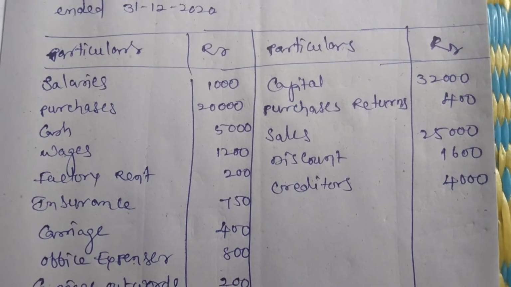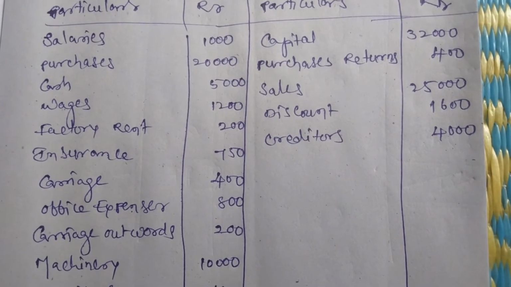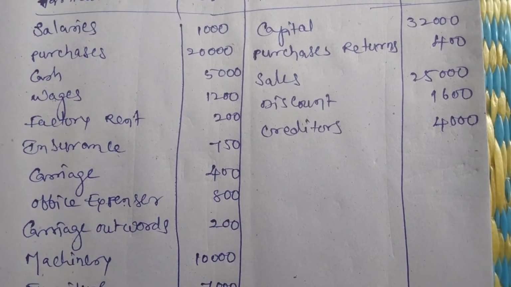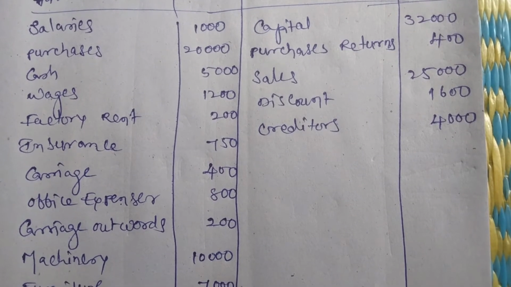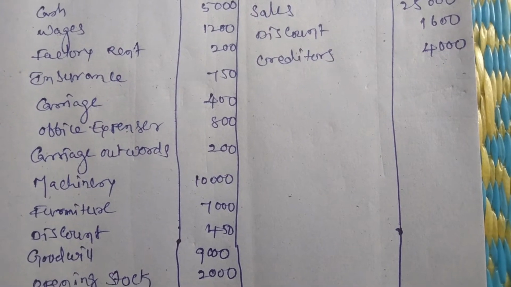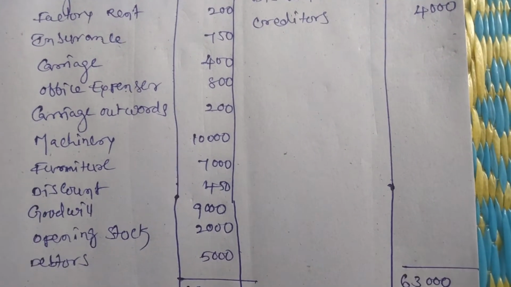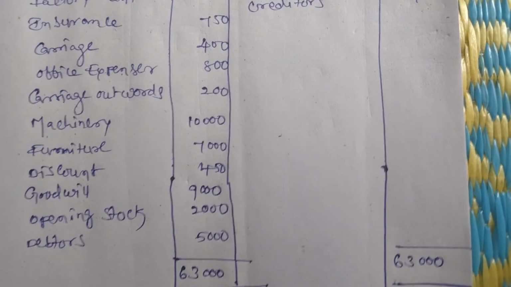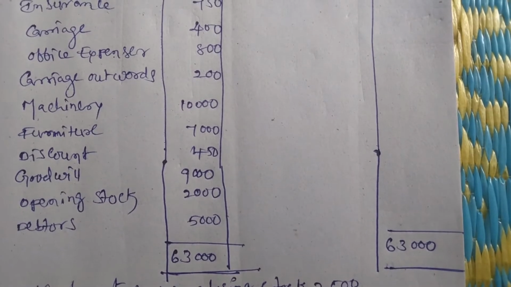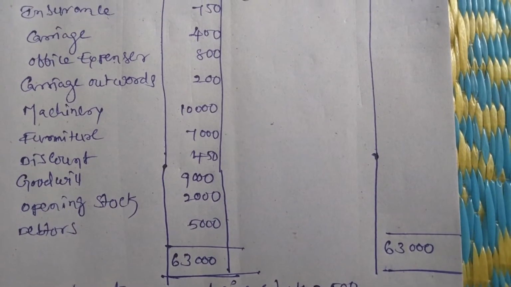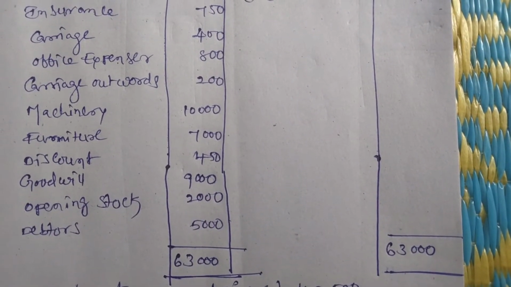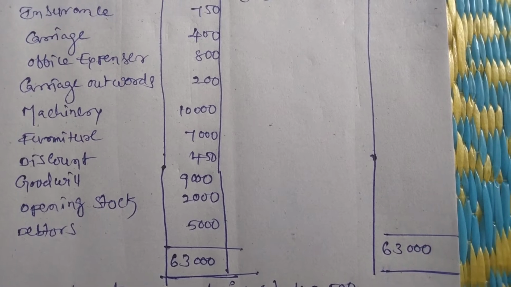Salaries 1,000, purchases 20,000, cash 5,000, wages 1,200, factory rent 200, insurance 750, carriage 400, office expenses 800, carriage outward 200, machinery 10,000, furniture 7,000, discount 450, goodwill 9,000, opening stock 2,000, debtors 5,000, total 63,000.